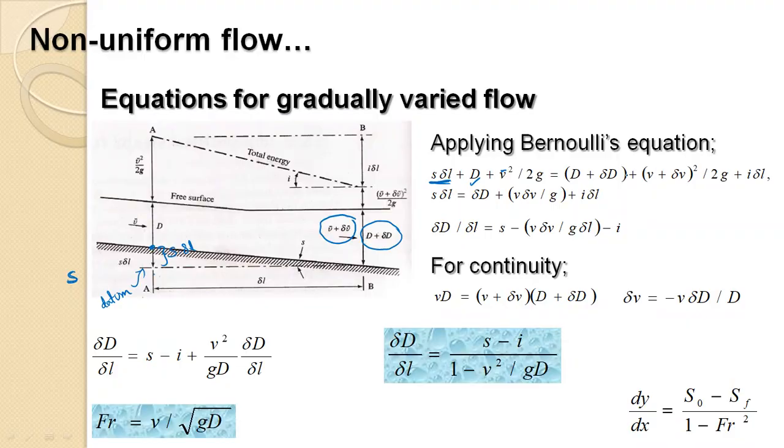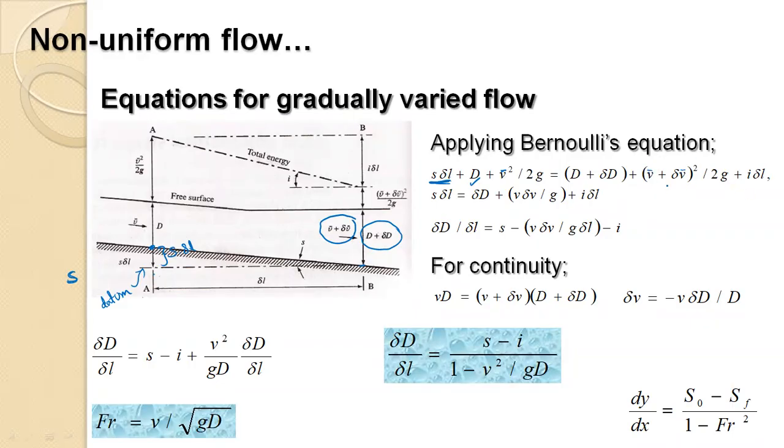So I'm going to apply Bernoulli's equation again. Now the datum head is 0 at this point, and the water depth is D plus delta D. The pressure head is D plus delta D, since the water depth is D plus delta D. The velocity head would be V bar plus delta V bar, squared, divided by 2G.